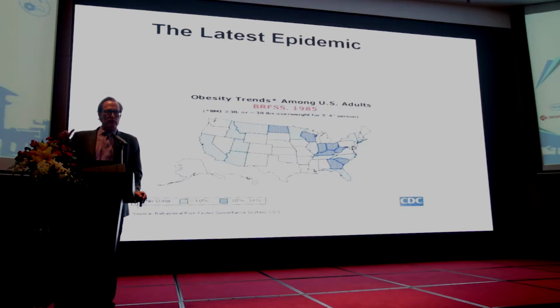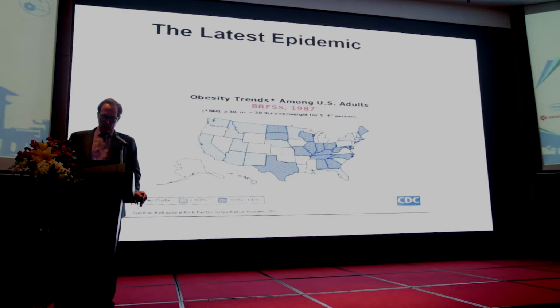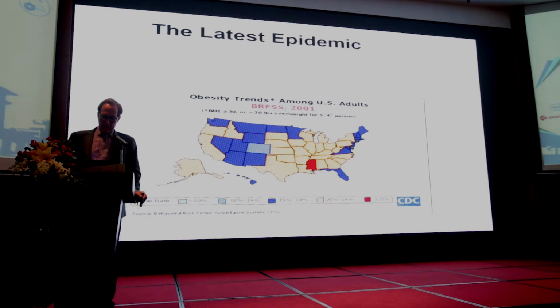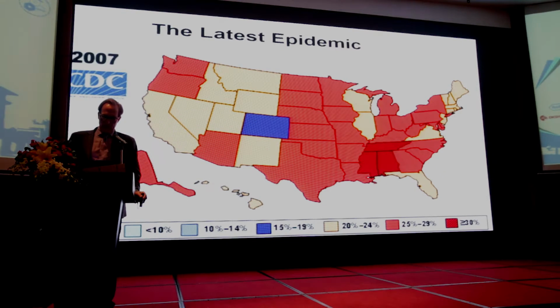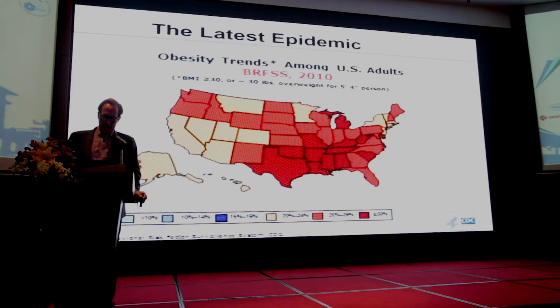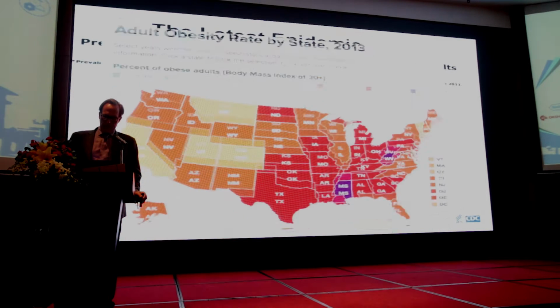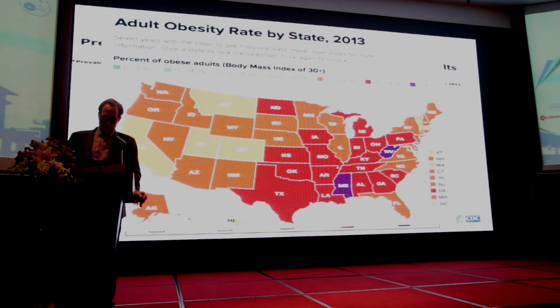The next few slides I will move through quickly because this is telling you a story of 1987 in the United States and an emerging epidemic of obesity and metabolic syndrome. Red is bad in this map. Obesity, metabolic syndrome.